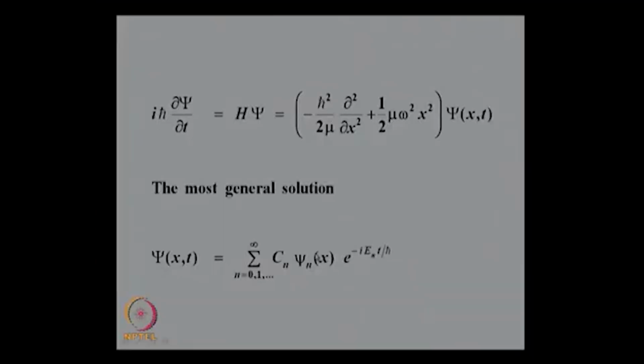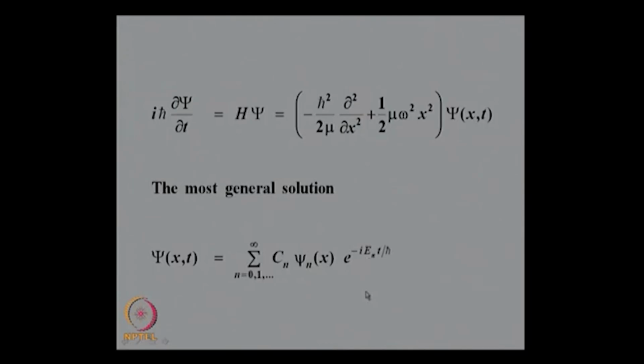Then you displace the string in a particular way and want to study its time evolution, so you have to express this as a superposition of the normal modes of the system. These are the psi n of x, and these are the corresponding frequencies of the normal modes.